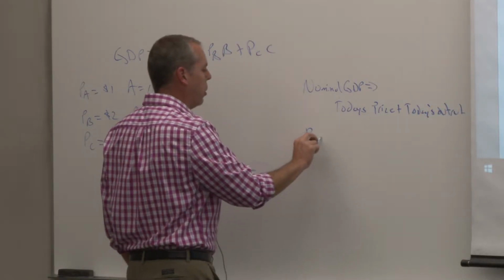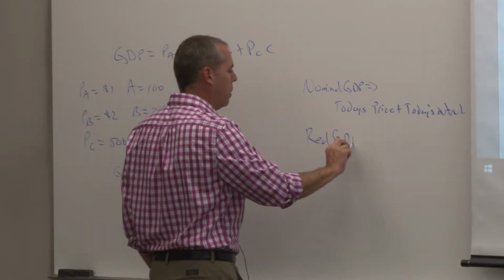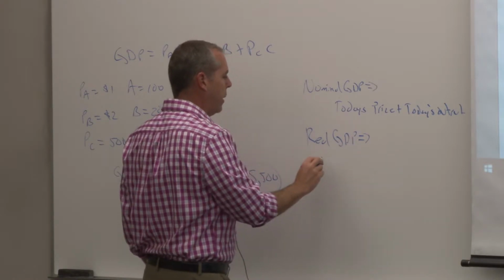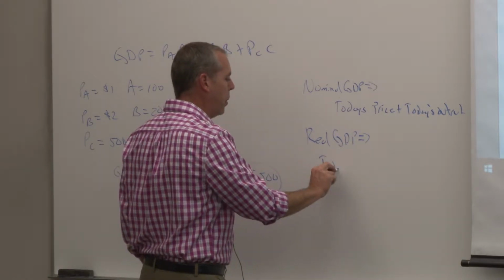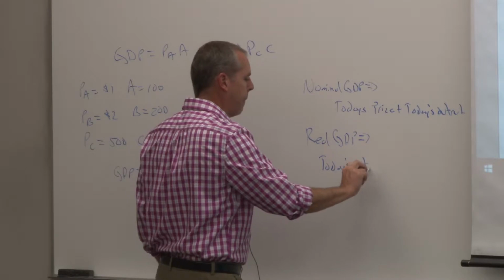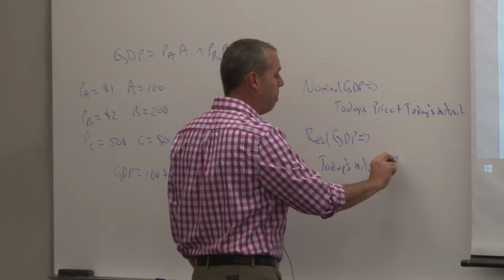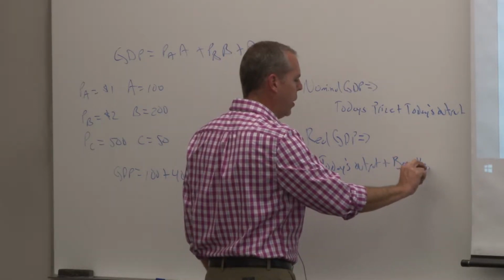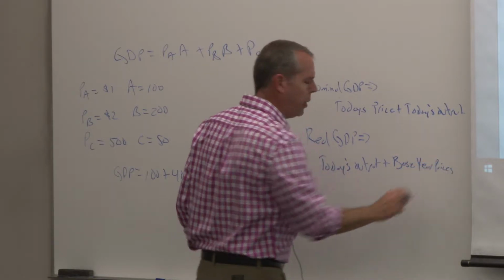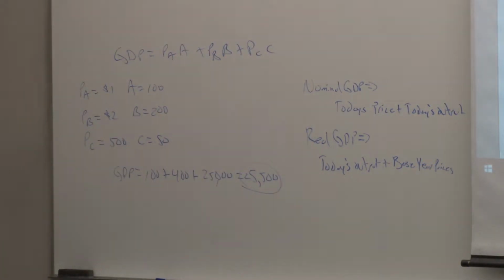Whereas real GDP is, in essence, today's output and some base year prices. Whatever year we chose for that base year, it could be any year that we wanted. The number can be anything, any year that you have a price index for.